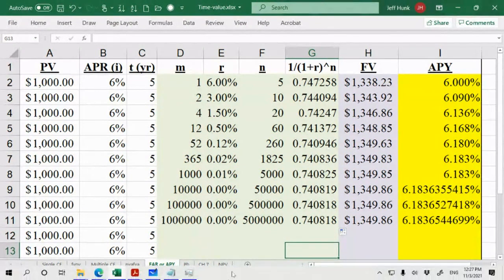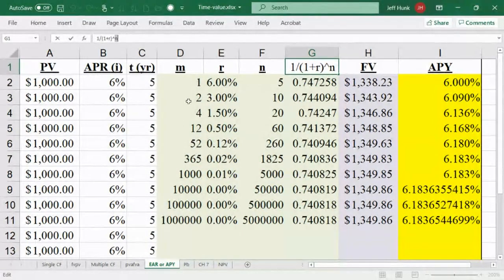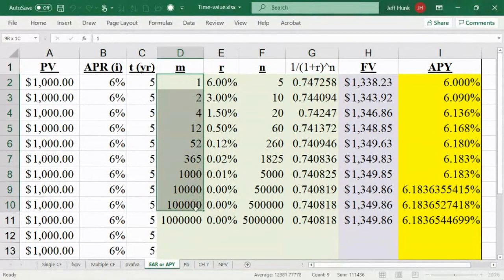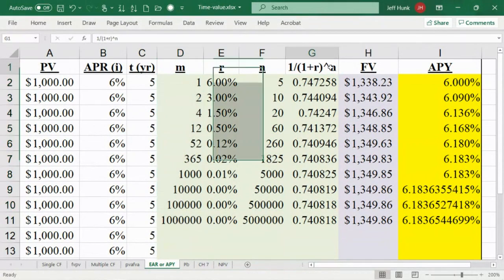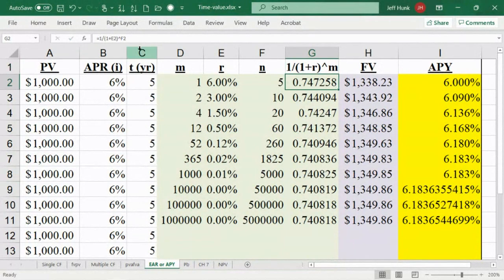Let's see, it's 1 plus r raised to, not n, but n. Yeah, all right.